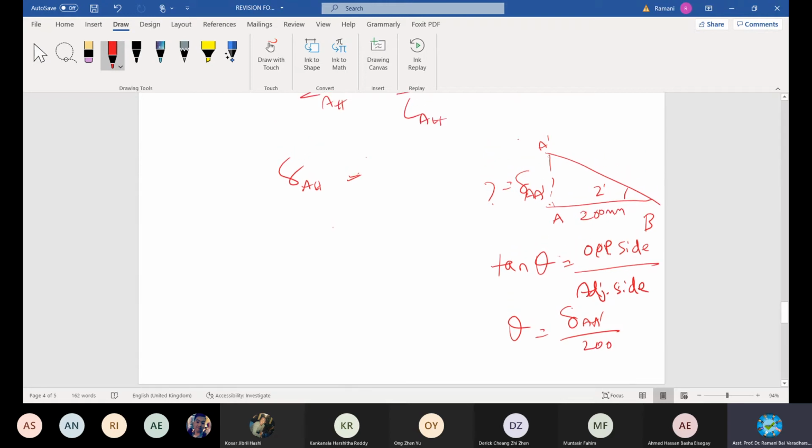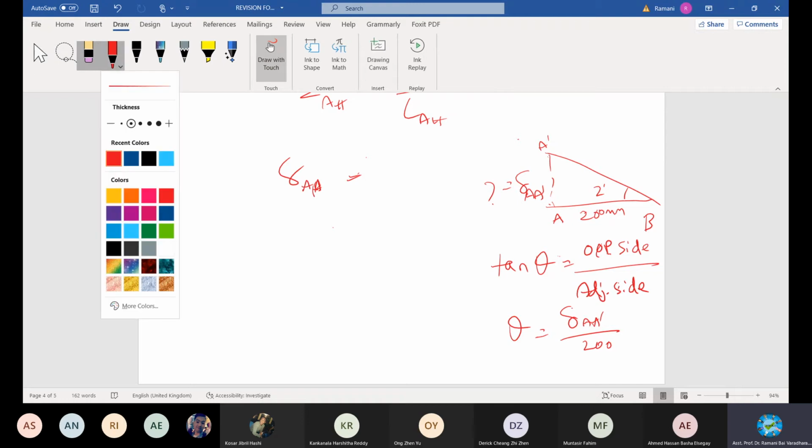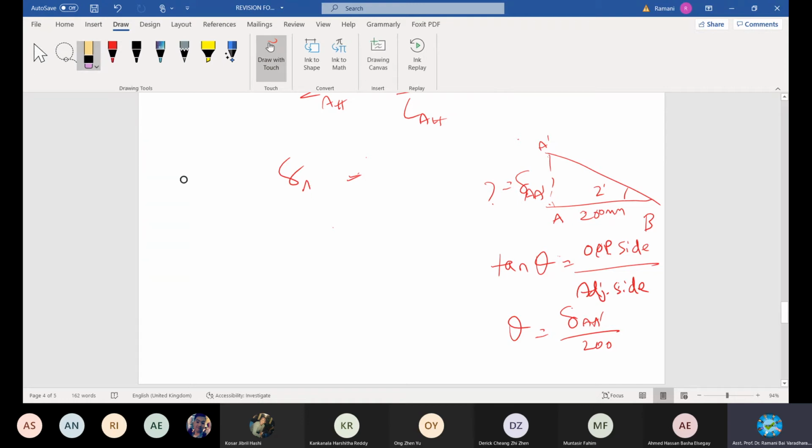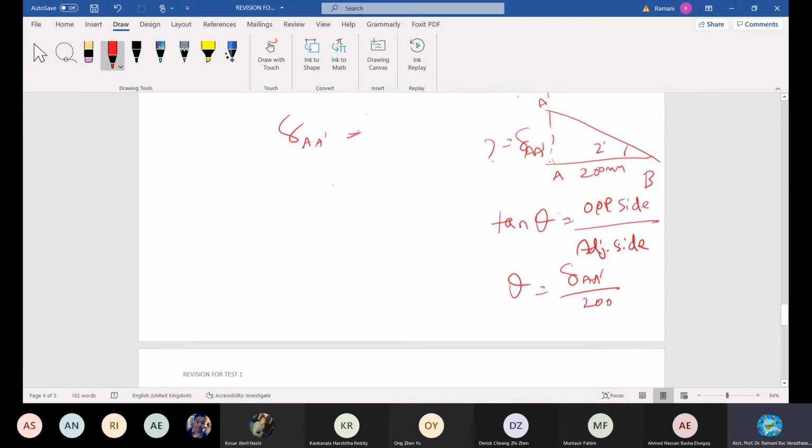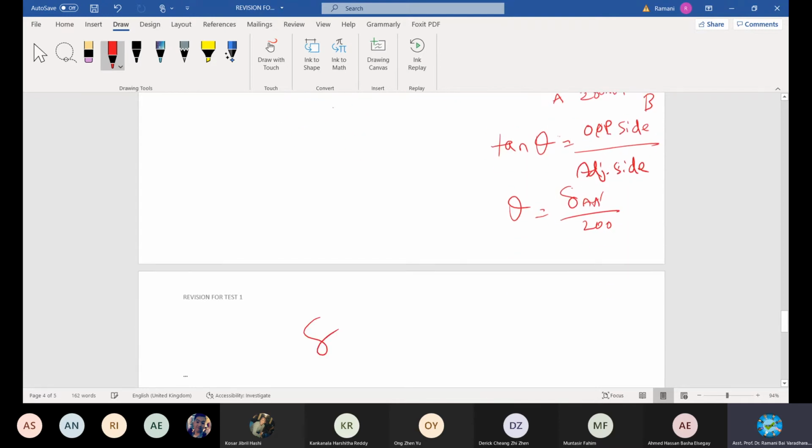Hence, delta A dash equals theta times 200 mm.